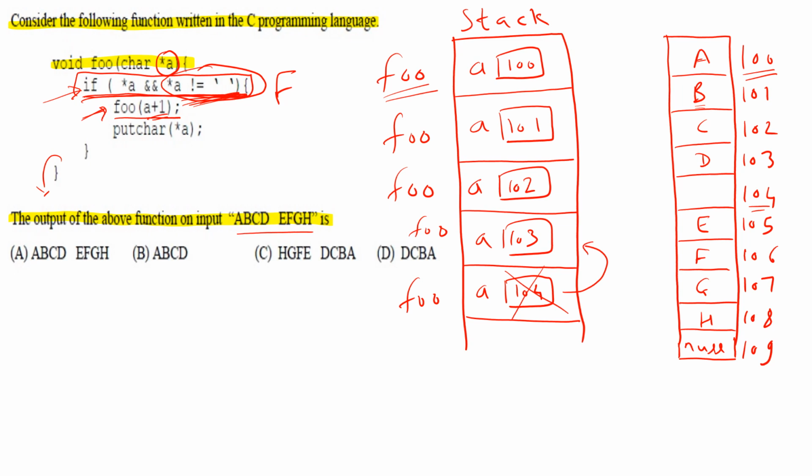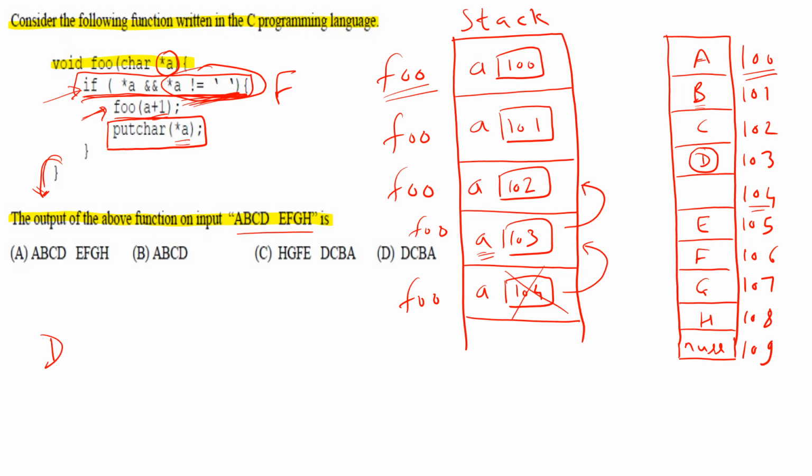Now in the previous call, the only statement yet to be executed is this putchar. Putchar will print the character which is sent as an argument to it. What we are passing to putchar is star A. Right now A in this call is 103, so we are passing star 103, the value at address 103, which is D. So what we print is D. Then we exit from that call and go back to the previous call.